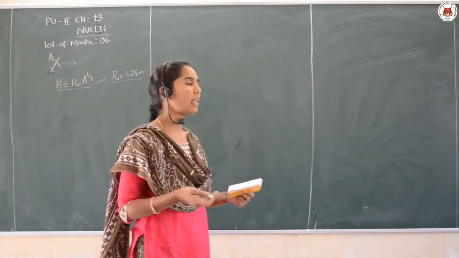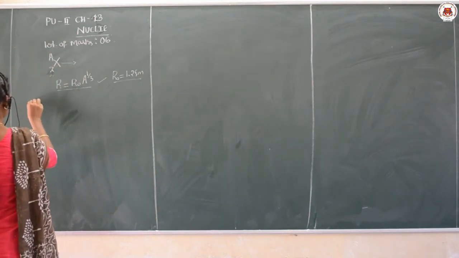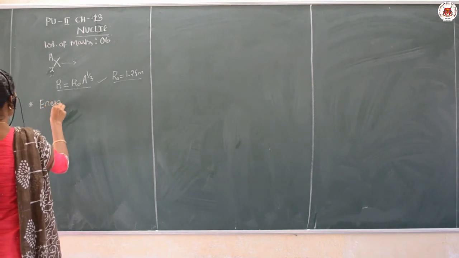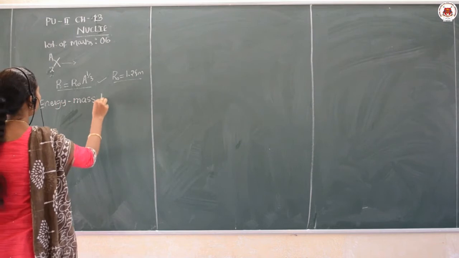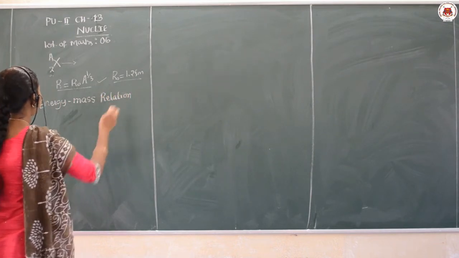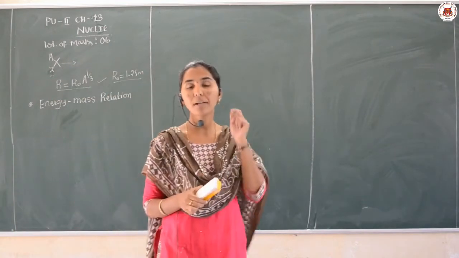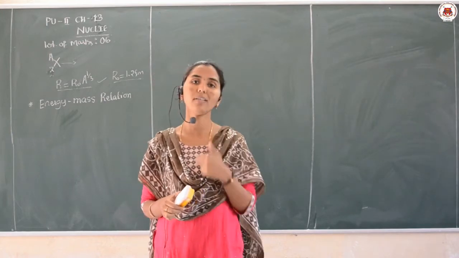And today let us move to the next concept of the chapter, that is the energy mass relation. Because in the previous class, whatever points we discussed were all about the basic concept of the nucleus.